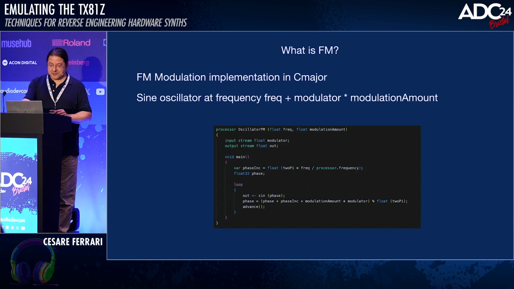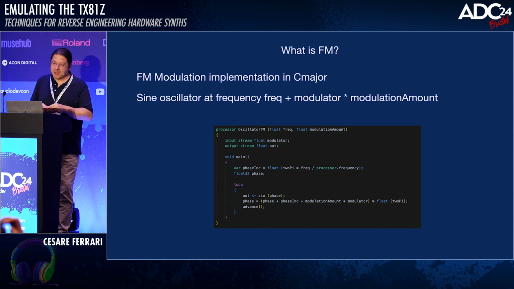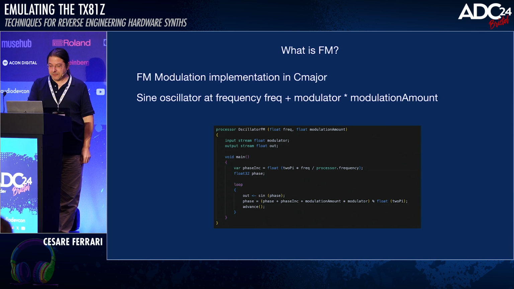Anyway, what I've done here is I've tried to implement the simplest FM oscillator to show these concepts. If we break this down, the FM oscillator has a modulating input, which is the thing that's going to modulate this oscillator. It has an output, which is the thing that we're listening to. There's a frequency that the oscillator runs at, and how much this modulator affects the frequency of the output.